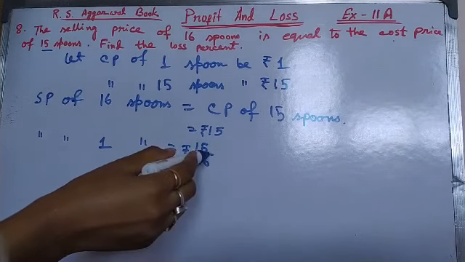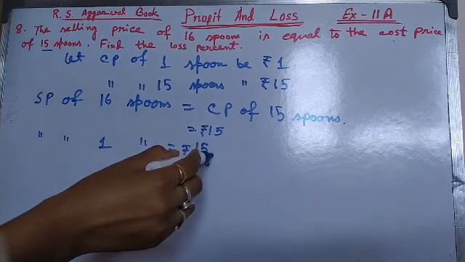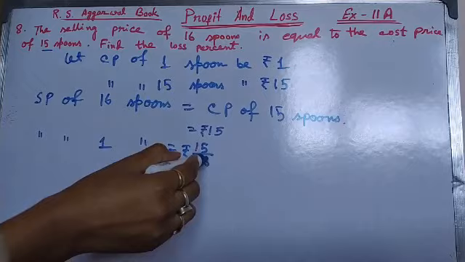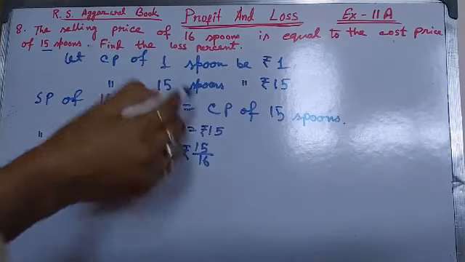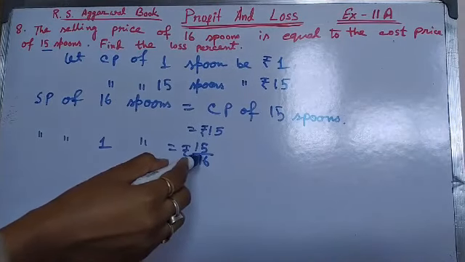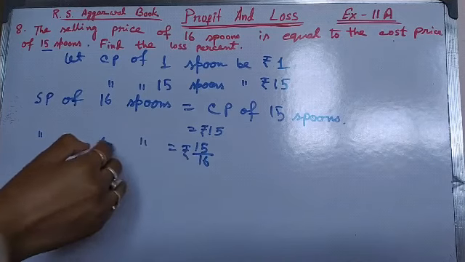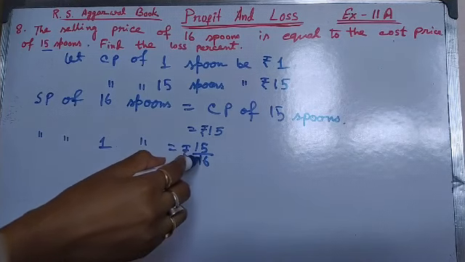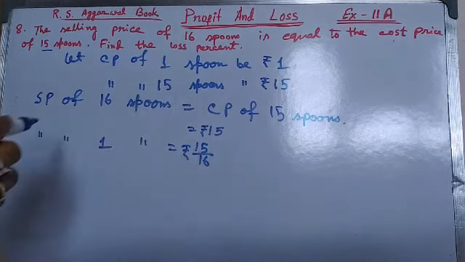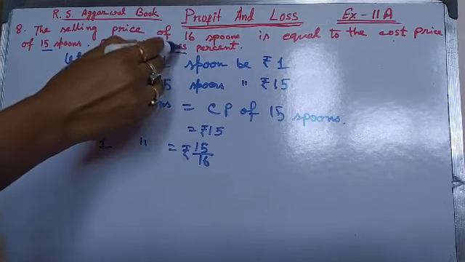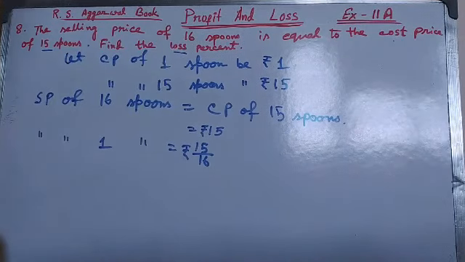As 15 by 16 is a proper fraction, that means less than 1, and 1 is the CP, rupees 1 is the CP and 15 by 16 is the SP, so SP is smaller than CP. But here it is already given that we have to find out the loss percent.